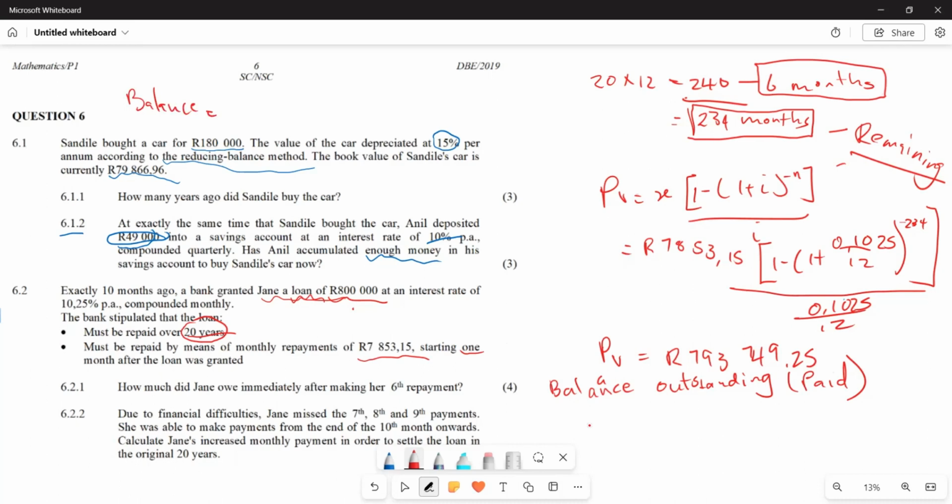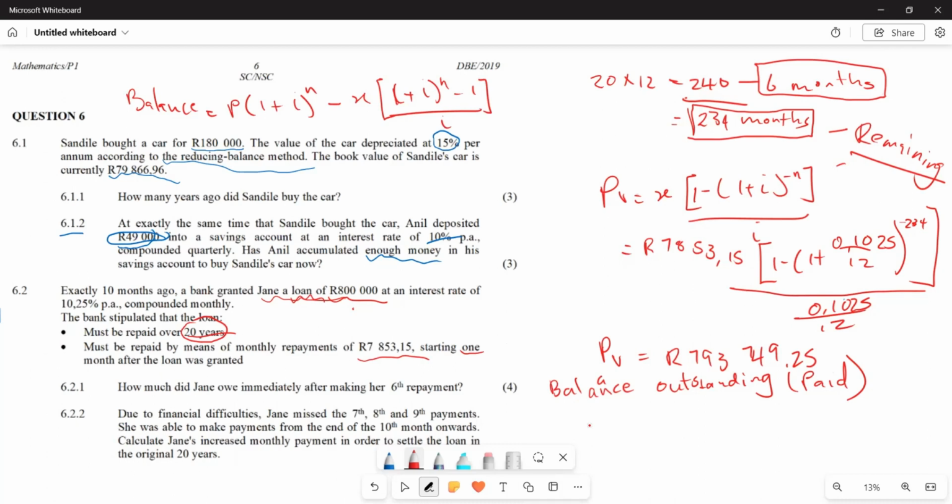Now, the balance formula is going to be basically the present value and the money, right? The money that is going to be invested, subtract the months that would have been paid, which means it's X into 1 plus your interest to the power of n, subtract 1, over your i, isn't it so?